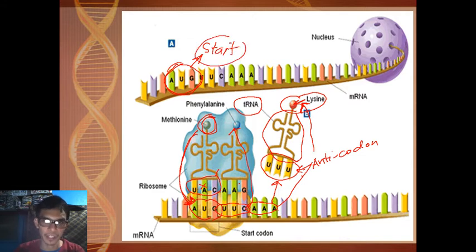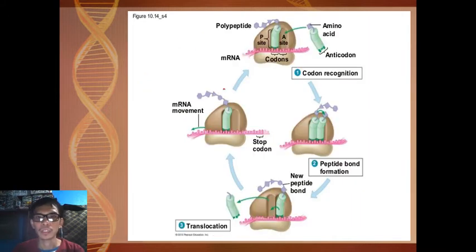If there is a start codon, there is a stop codon. As you can see on the codon chart, there are codons that signal the stopping of the process of protein synthesis.